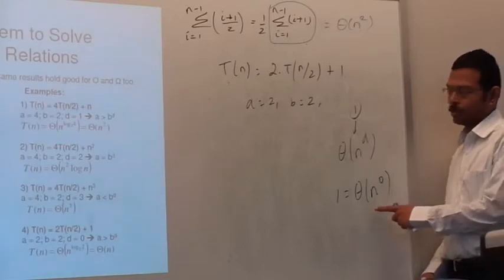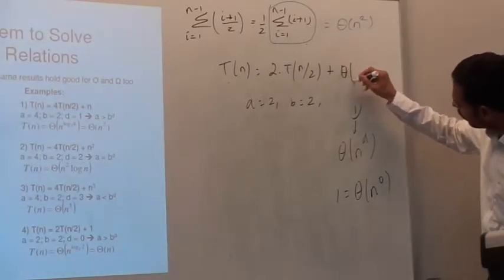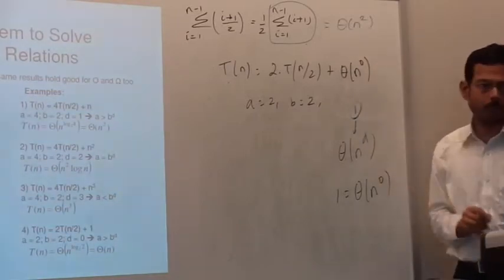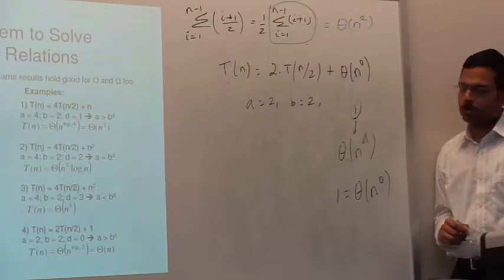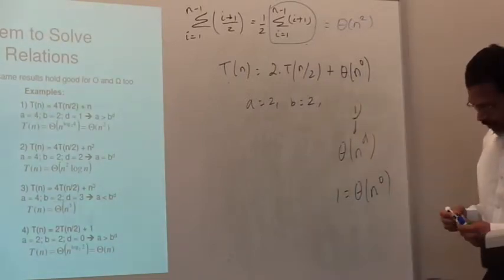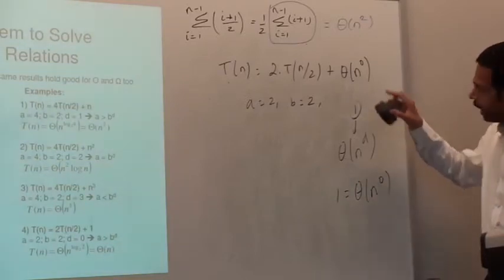So the same 1 I can write as theta of n raised to 0. So my d is 0.